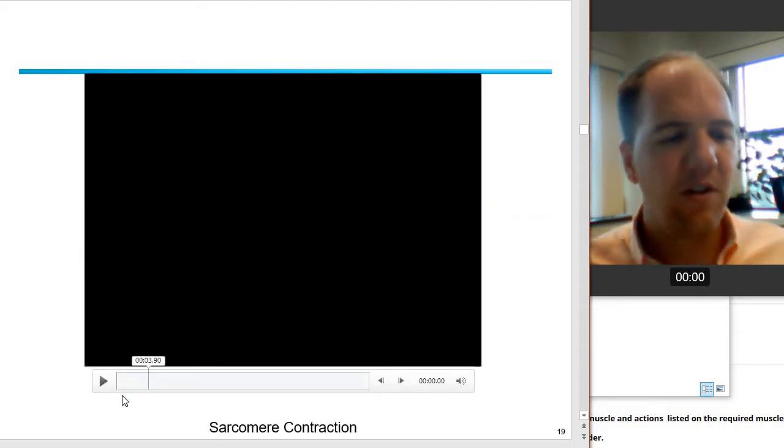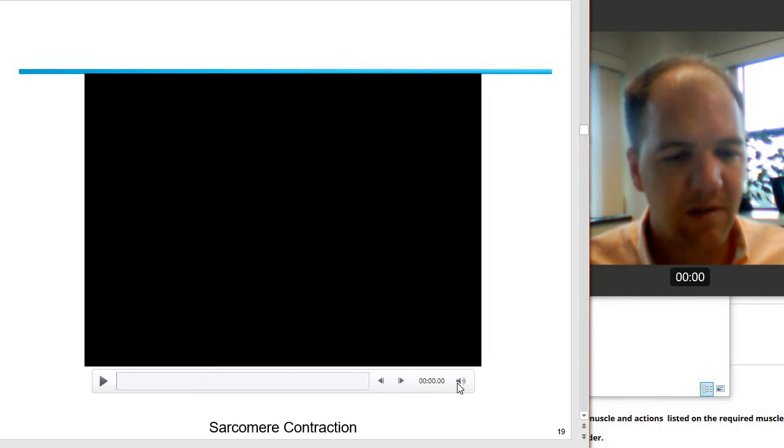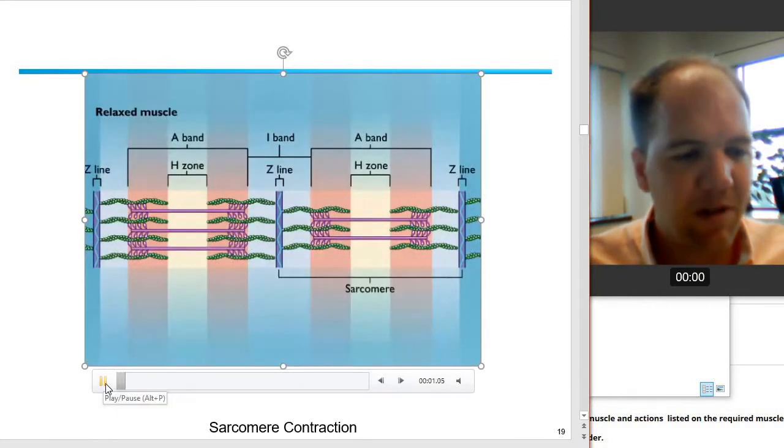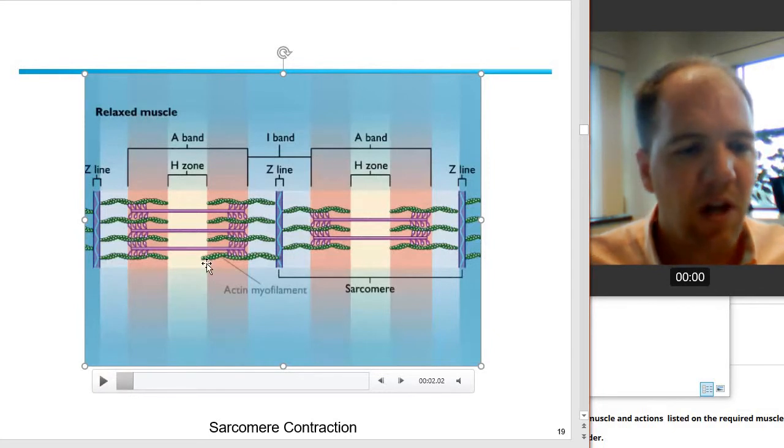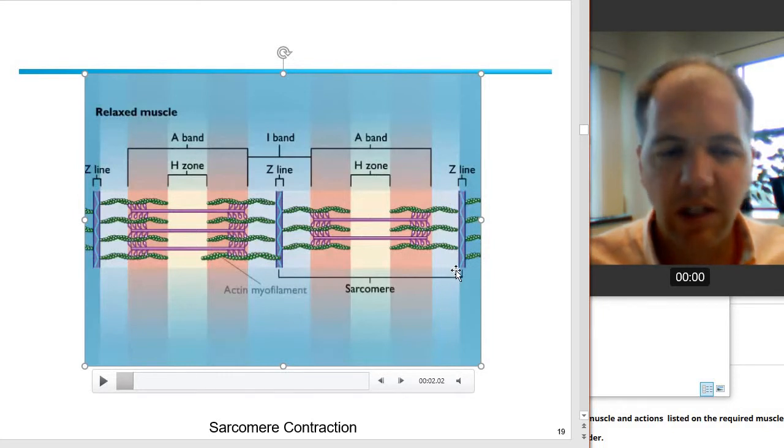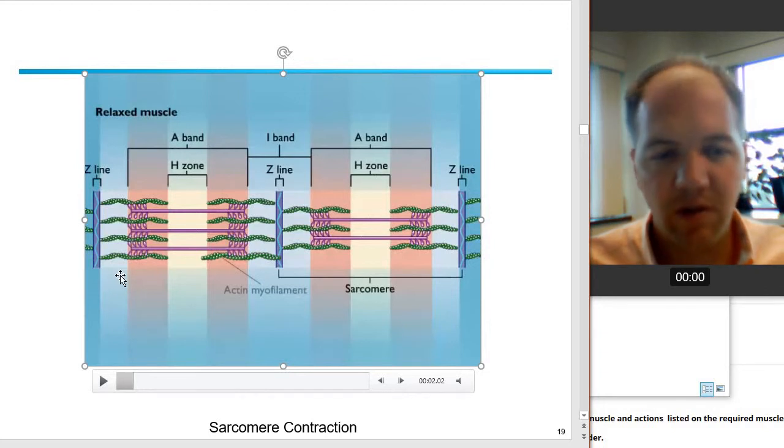So let's take a look at a video here to see if we can help this make sense. Actually seeing the animation of how this happens, I think, will help. So let's get our bearings here. Here's the Z line, here's the Z line, here's the Z line. So we are looking at two sarcomeres.